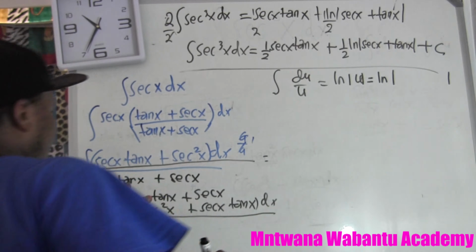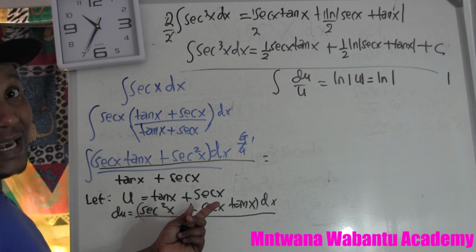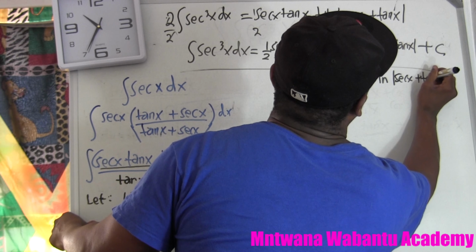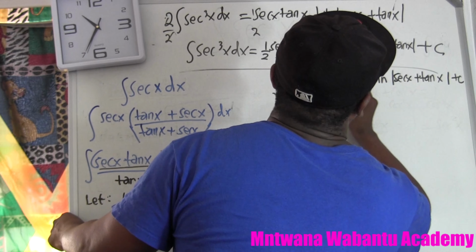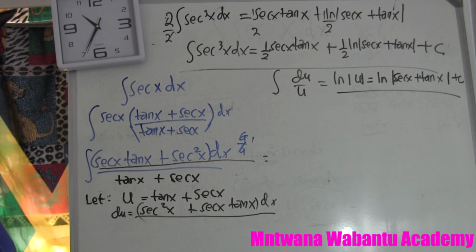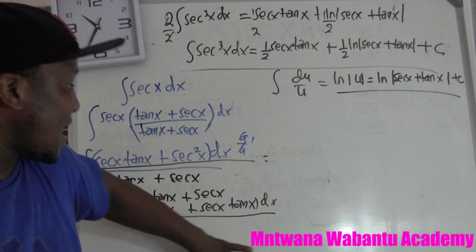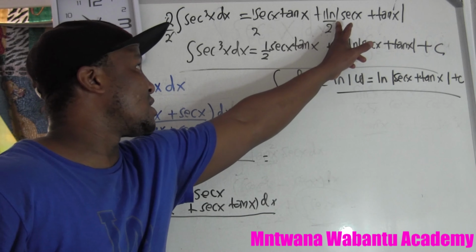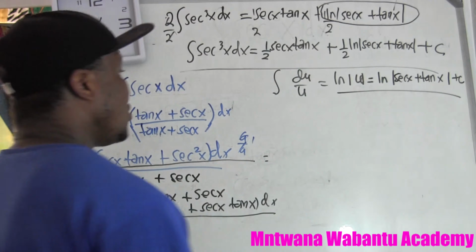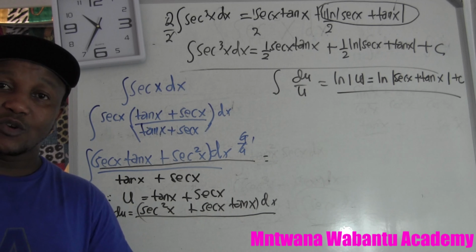Ln of sec x plus tan x, because that's what we let u be. Plus a constant. Why? Because there is no limit. That's why earlier, when I integrated sec x, I said sec x integral equals that. So that's how you knew, that's how I knew, and that's how you can learn from me.